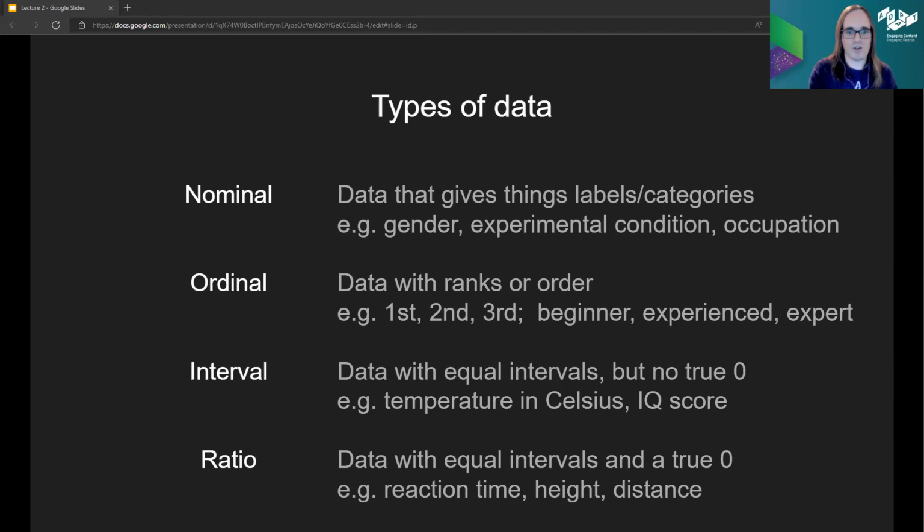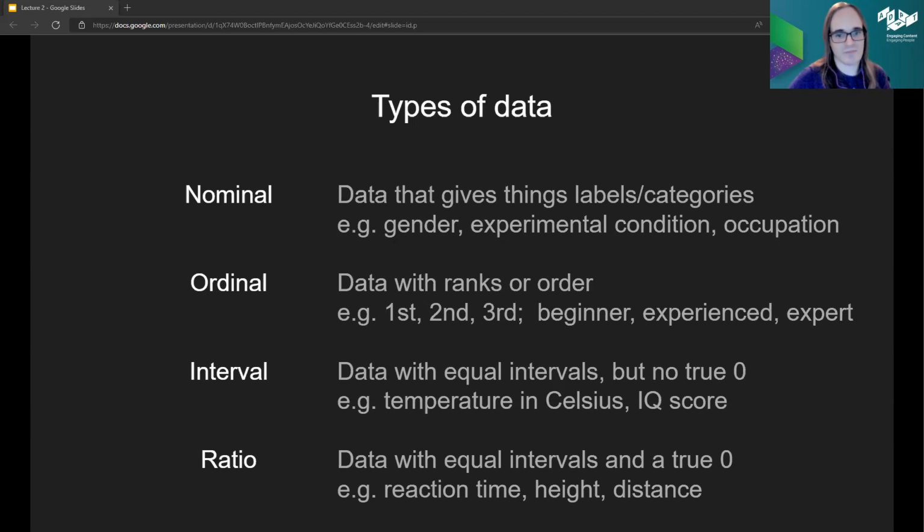I can say that an expert knows more than a beginner, or that a gold medalist finished ahead of a silver medalist, but I don't know that the differences between each rank are the same. I can't say that the gold medal race winner was the same amount faster than silver as silver was than bronze. I just don't know what the actual difference was between them.